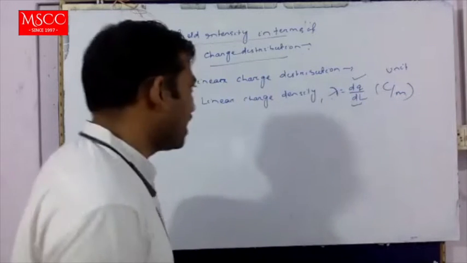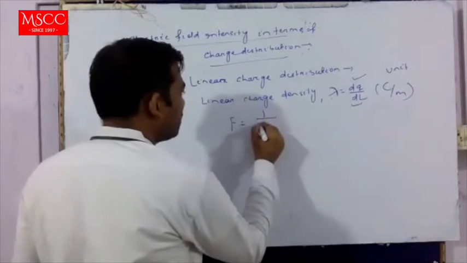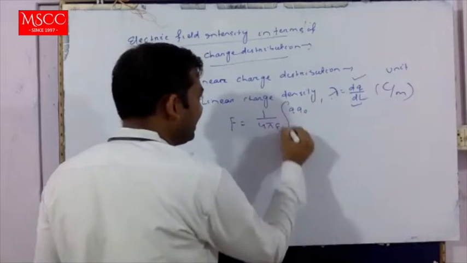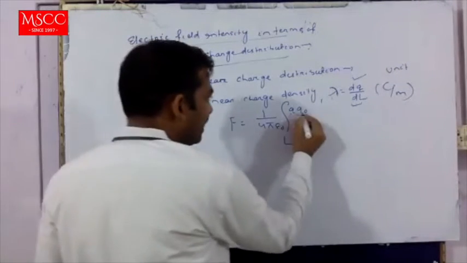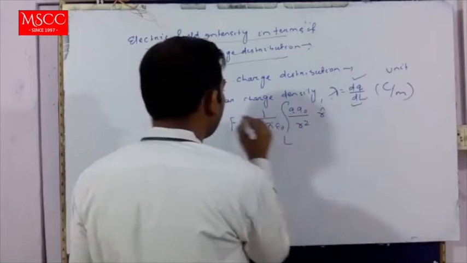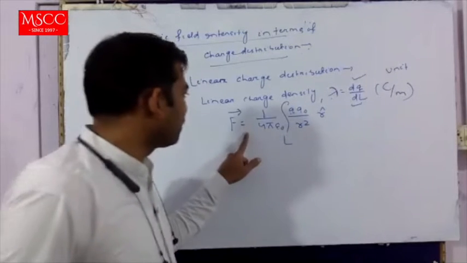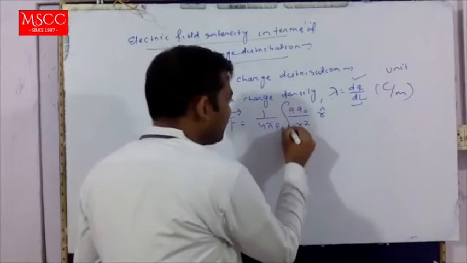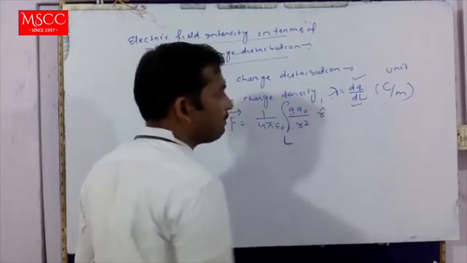And also we read force equals 1 by 4 pi epsilon naught, q into q naught, integral over length, divided by r square, r cap in vector form. The force vector equals 1 by 4 pi epsilon naught integral over L of q into q naught by r square r cap.